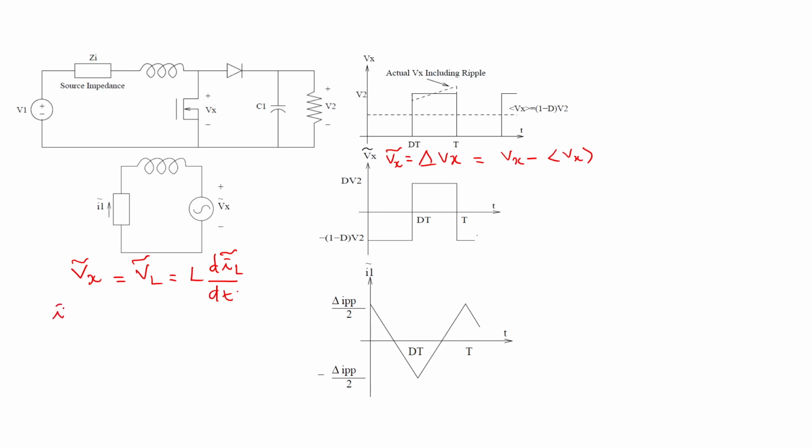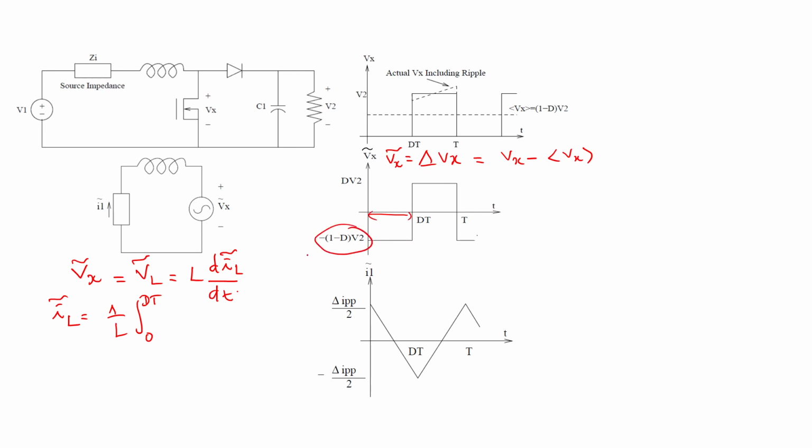And then you have IL-TL as 1 over L integral from 0 to dt. Yeah, you consider this period, this period.